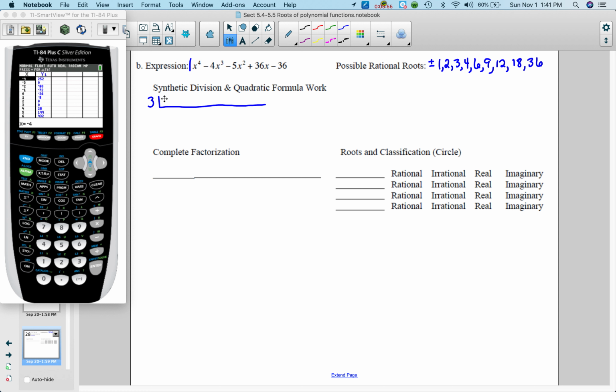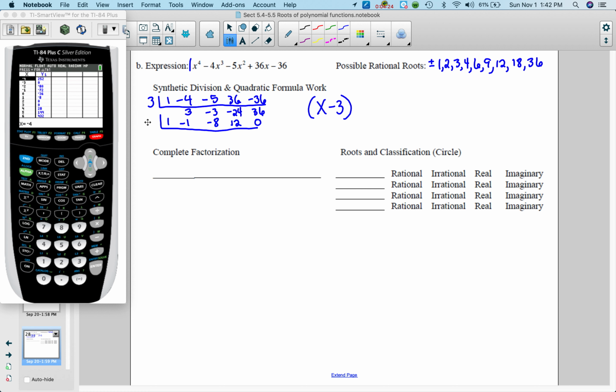We might want that. So we have 1, -4, -5, 36, -36. So I multiply and add, multiply and add, multiply and add, multiply and add. Because 3 worked, x minus 3 is a factor. But we only have it down to cubics now, and we want to try and get it down one more.